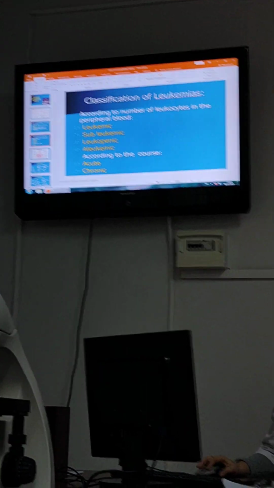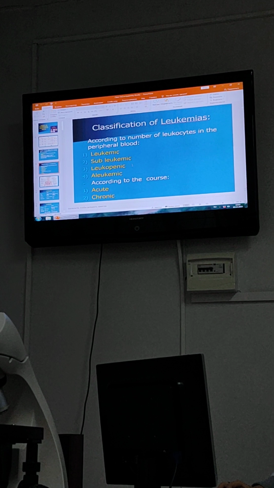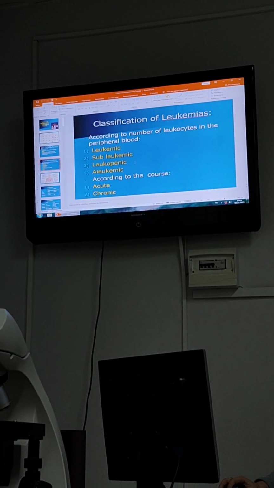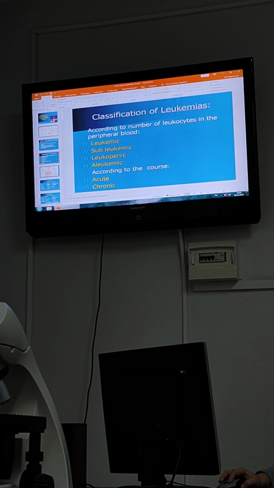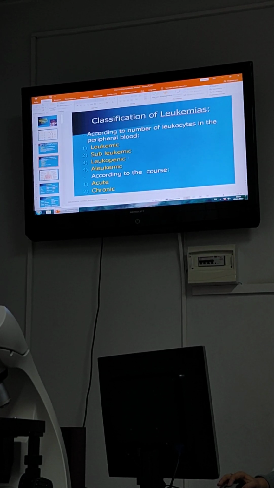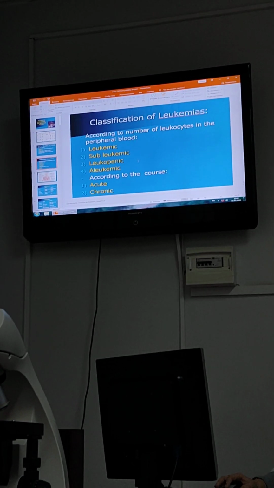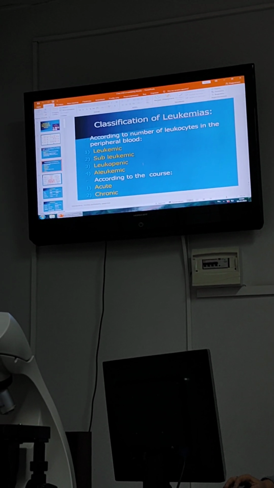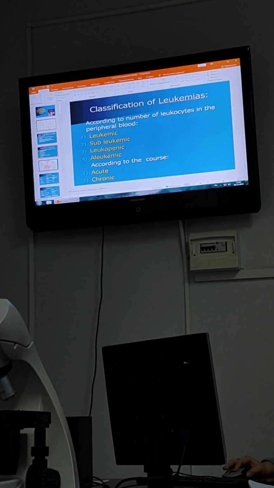From 15 to 25, subleukemic. If approximately normal, how many leukocytes is normal? Otherwise it is called leukopenic, because the normal leukocytes decrease, with atypical cells.